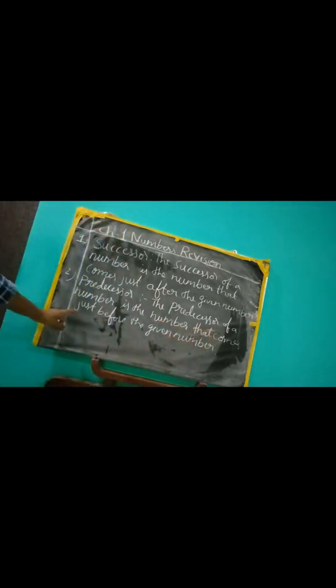See, the successor of a number is the number that comes just after the given number. Okay. The predecessor of a number is the number that comes just before the given number. Write this in the classwork too. Write fast.